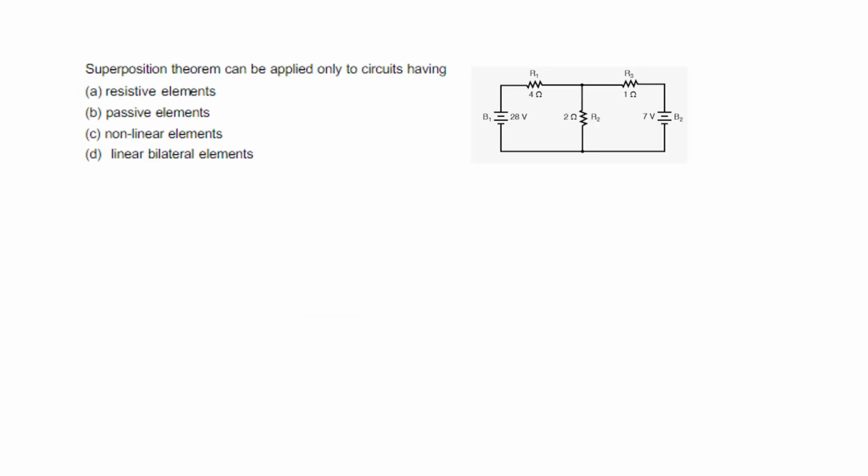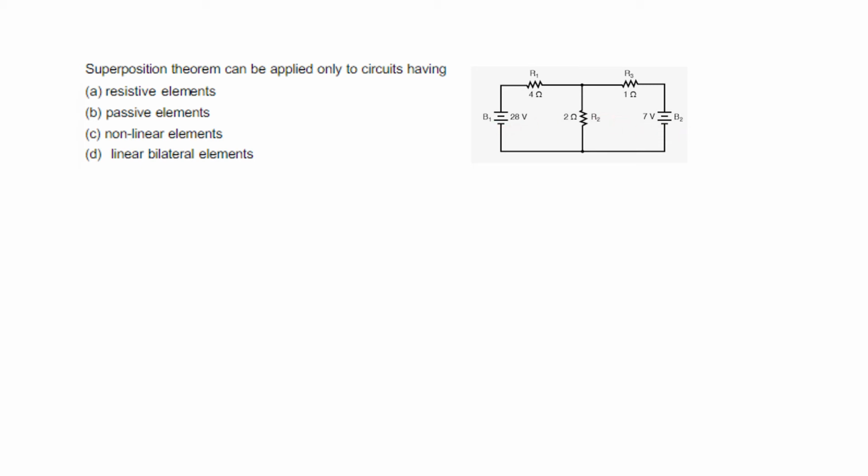So with this knowledge, I hope you will be able to solve some of the MCQs that are given in various books. For example, it's saying superposition theorem can be applied only to these circuits. If you look at this circuit, this is an example of superposition, just to recall.